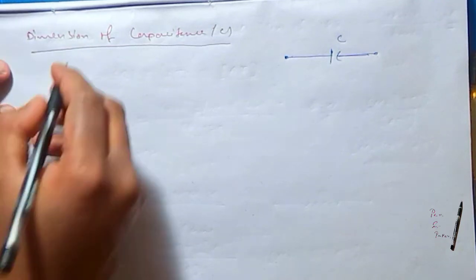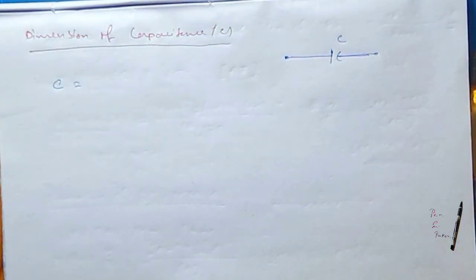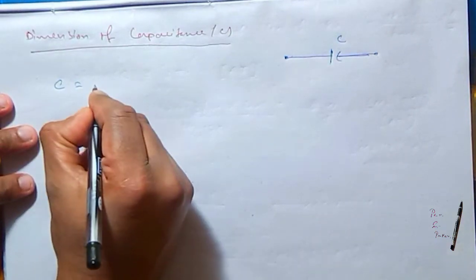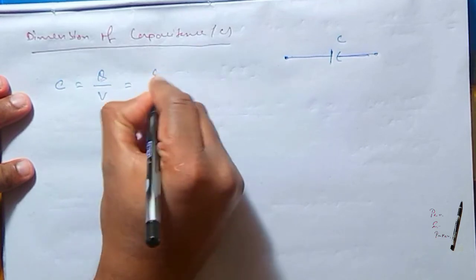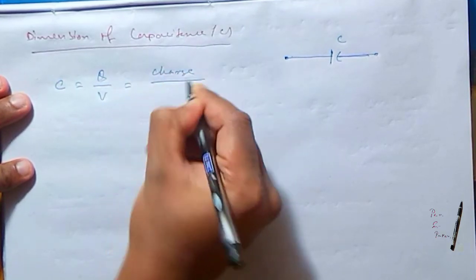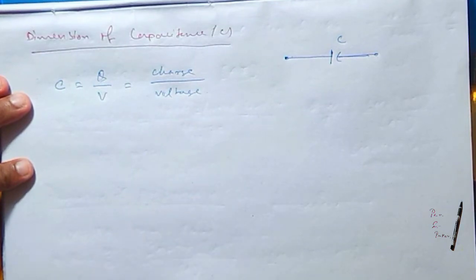Now the expression of capacitance is C is equal to Q by V, charge over voltage.